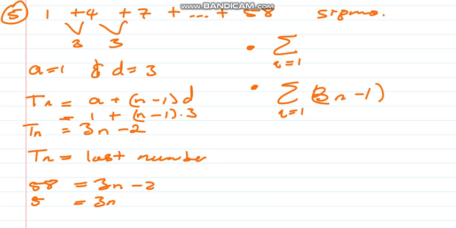So if that's 58, we'll have 60 over here, and then our n is going to be 60 divided by 3, which is 20. Right. Let me just finish this, and then we're going to get 20, I is equal to 1, and I've made another mistake here.